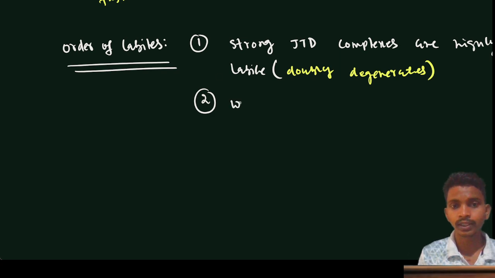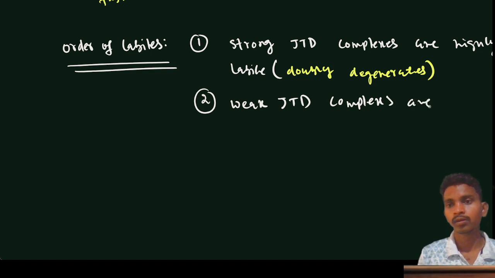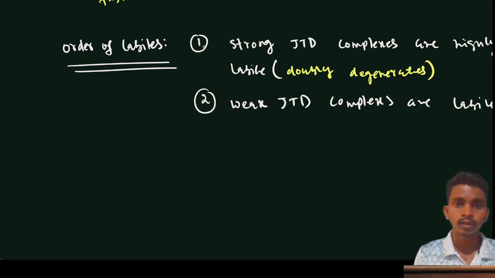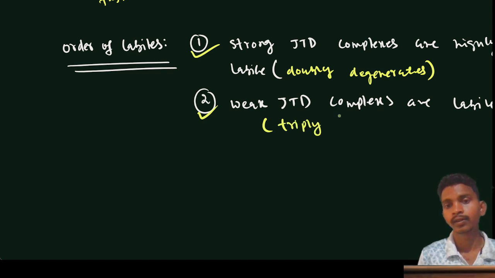And for weak JTD, the complexes are triply degenerate. So first we will look at strong JTD, then we will go for weak JTD, and weak JTDs are triply degenerates.